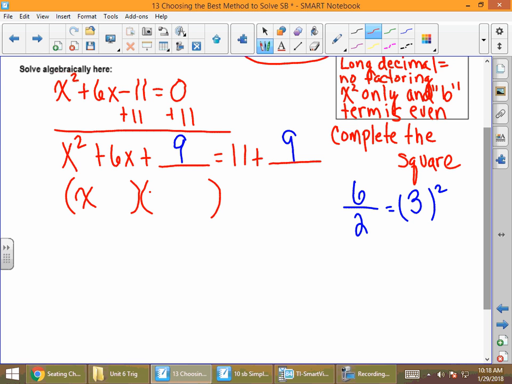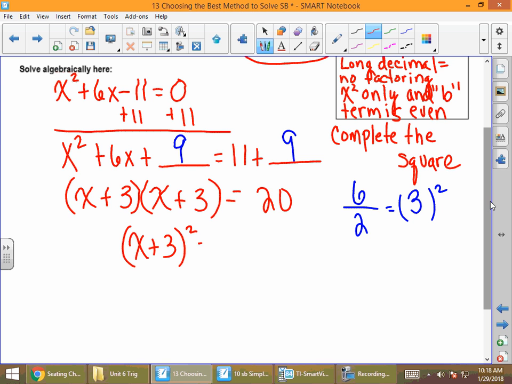We get x plus 3, plus 3. Over here on the right side, 11 plus 9 is 20. And now we can condense it down. We have x plus 3 squared equals 20.